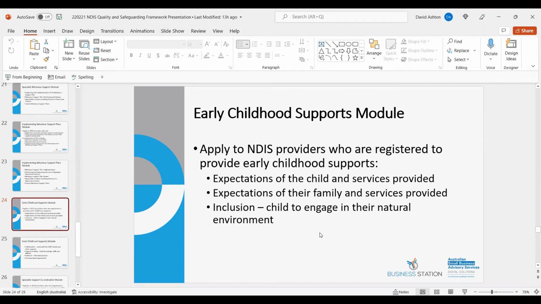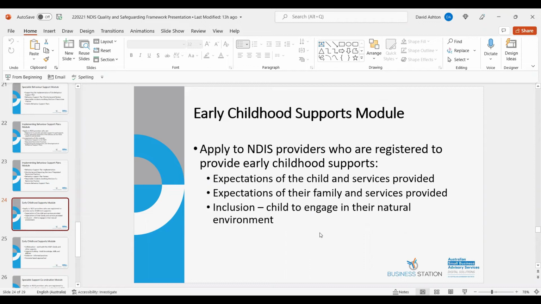So in relation to the child, you need to respect their legal and human rights, support their development of functional skills, and enable them to participate meaningfully and be included in everyday activities.